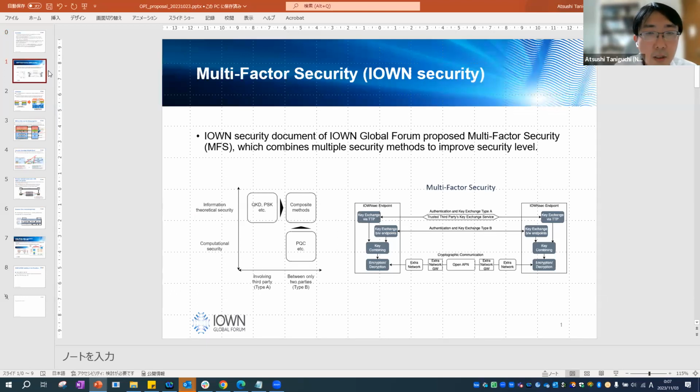Now in the ION Security Task Force, we are discussing multi-factor security. It means combining several kinds of key methods, for example QKD or PQ, post-quantum security.